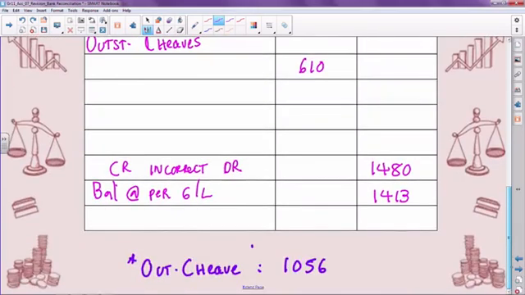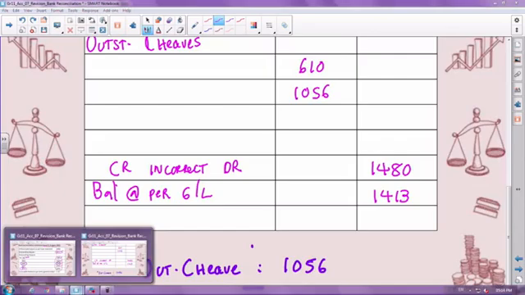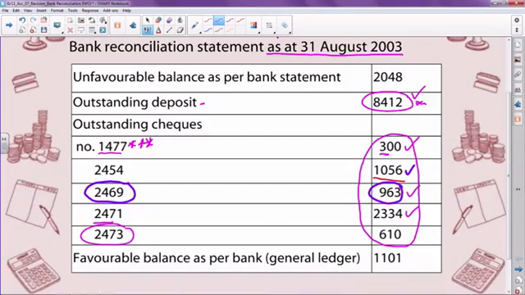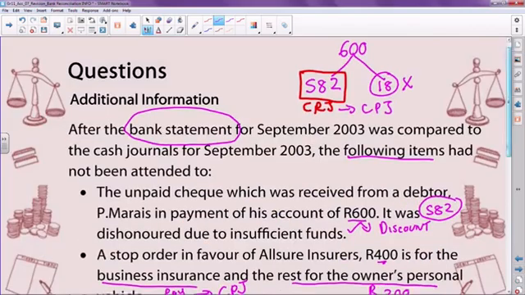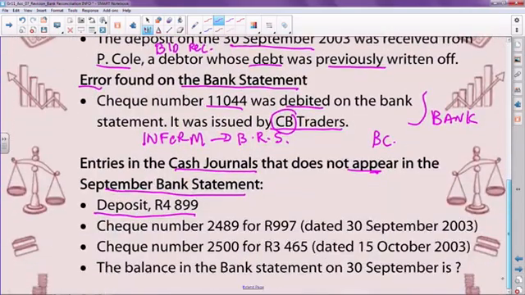Then the second check that was also outstanding, remember I made a note of this, 1,056. And then if I go to my additional information, we're coming to the end of the exercise, guys. I had two outstanding checks, check number 2489 and check number 2500, 997, not yet presented for payment, and then 3,465.